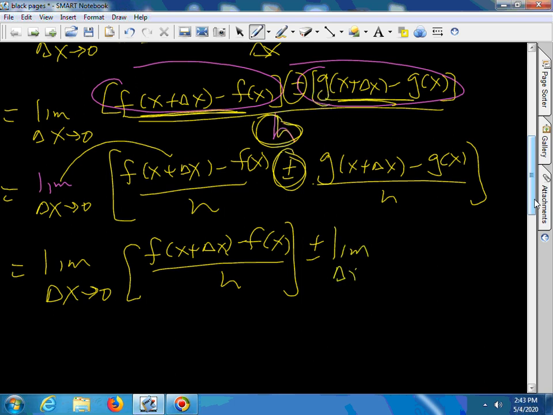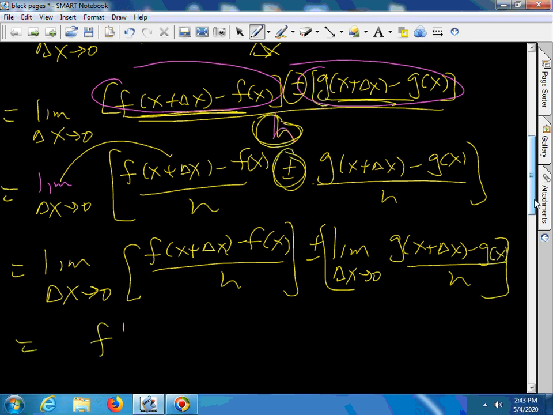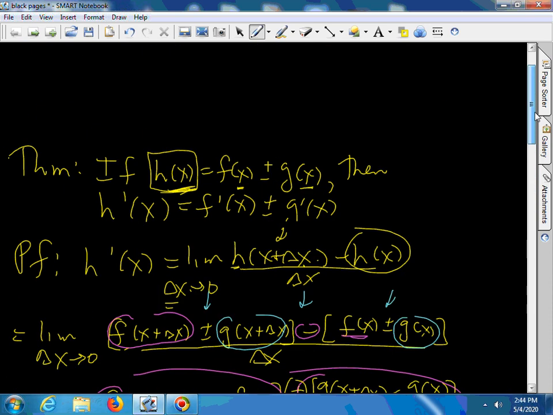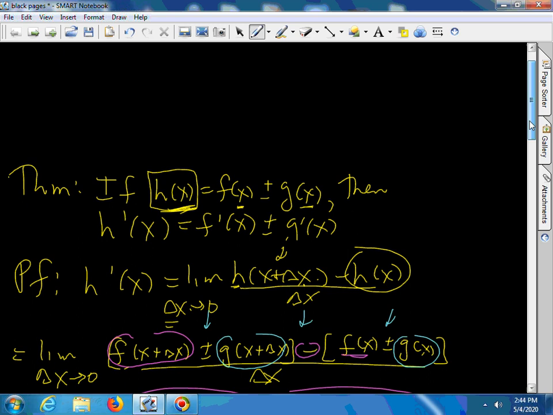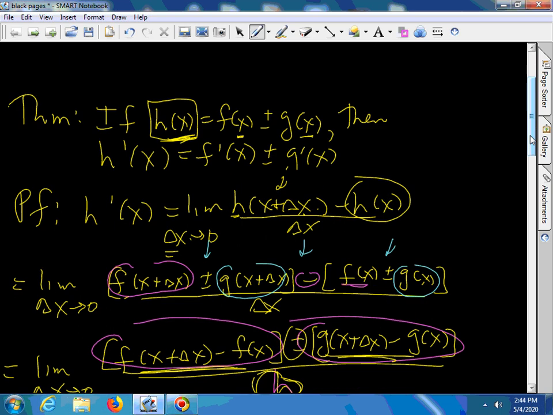The limit as delta x goes to 0 of g of x plus delta x minus g of x over delta x. And as long as f and g are differentiable, the result is f prime of x plus or minus g prime of x.